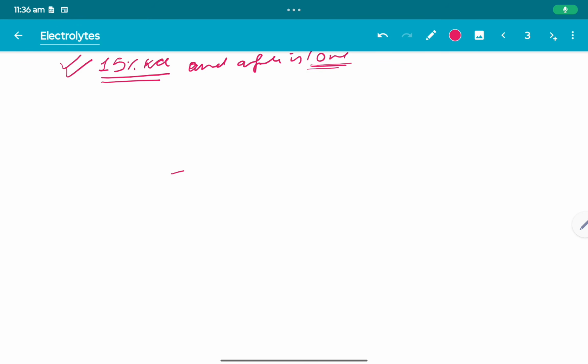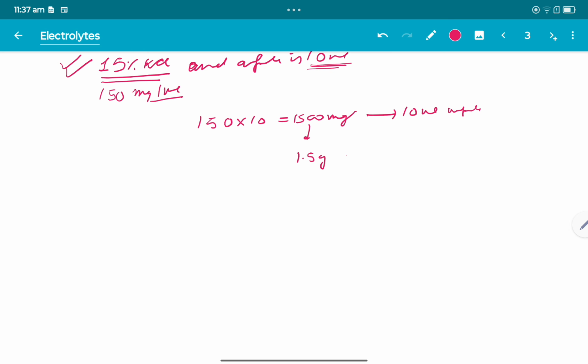Next, if you have 15% KCl in an ampule of about 10 ml, you will have 150 milligrams per ml. Okay, 150 milligrams per ml, and then you will have 150 into 10, 1500 milligrams in a 10 ml ampule. So this will come to 1.5 grams in a 10 ml ampule of 15% KCl.